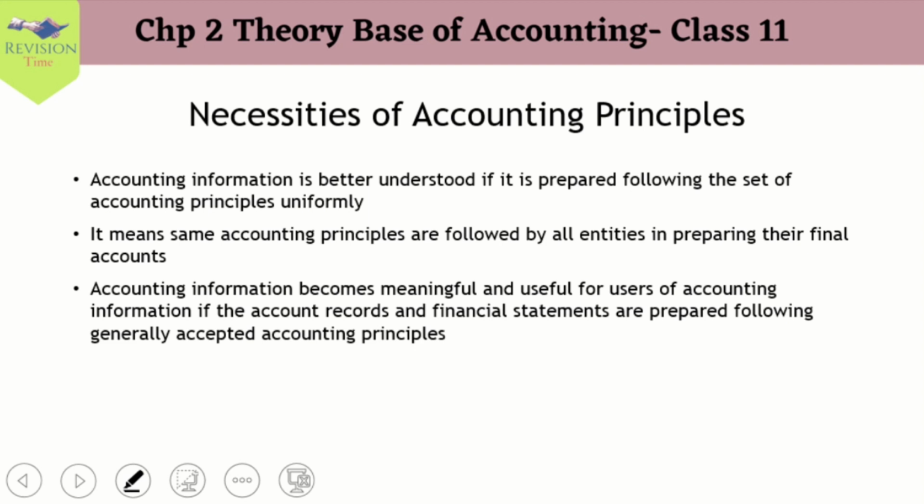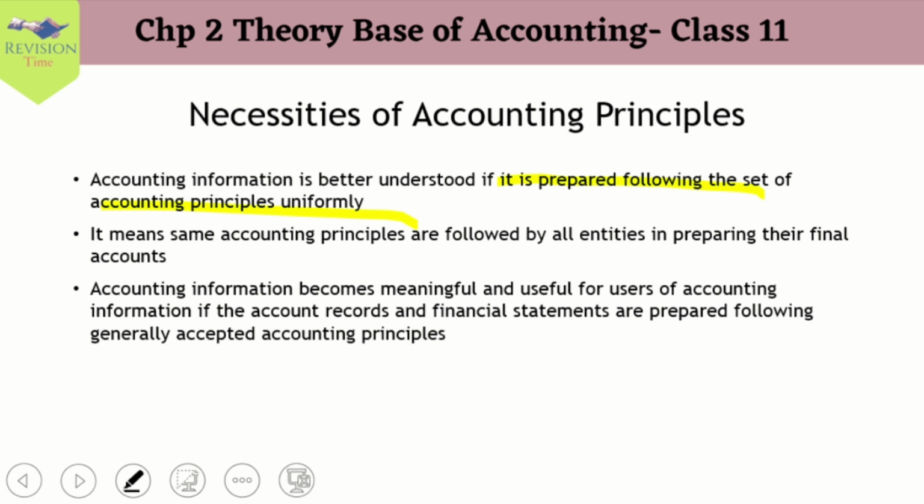Now, let us understand the need, the necessities, of following these accounting principles. By preparing our accounts based on some rules and standards, we achieve uniformity. Accounting information is better understood when it is prepared based on accounting principles.